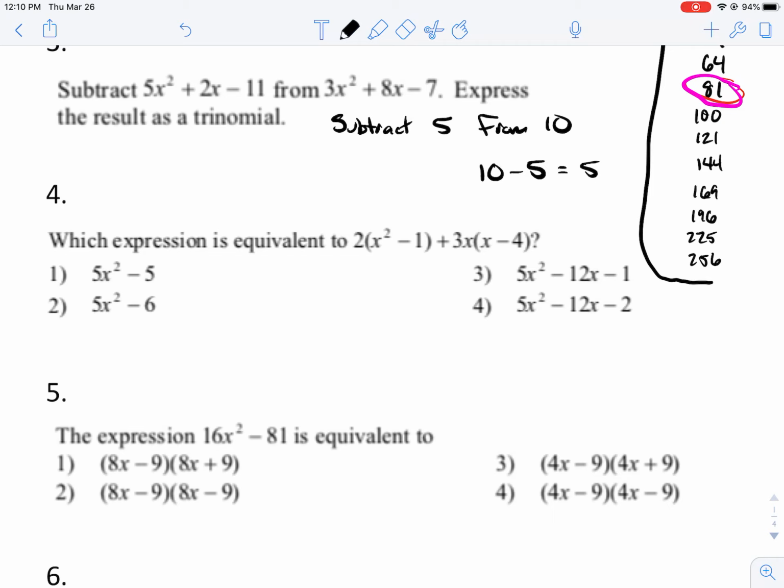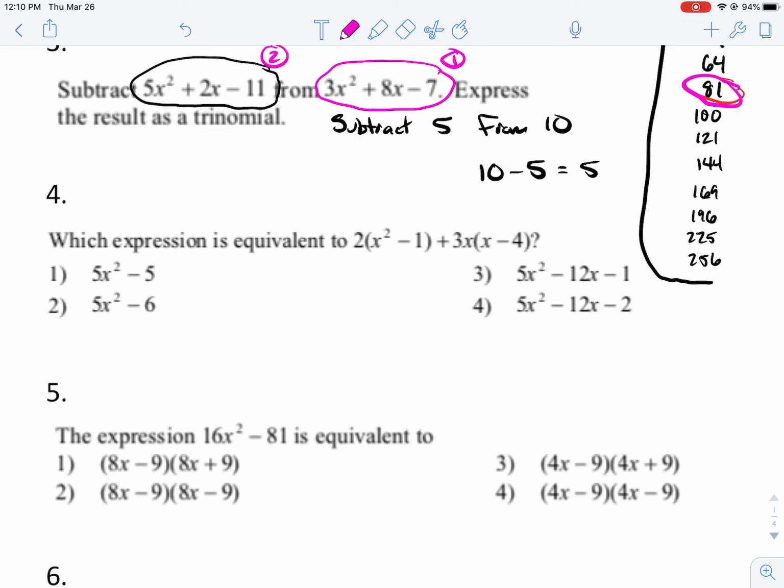All right, think of the same process here. So subtract 5x squared plus 2x minus 11 from this one right here, 3x squared plus 8x minus 7. So this one will go first, and this one will go in the back.